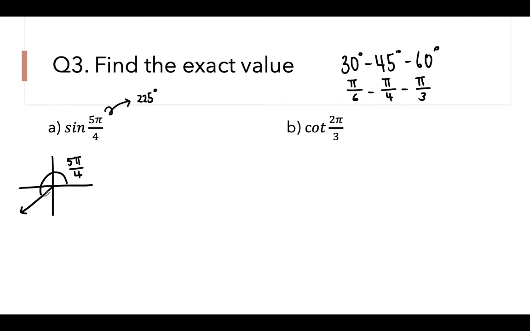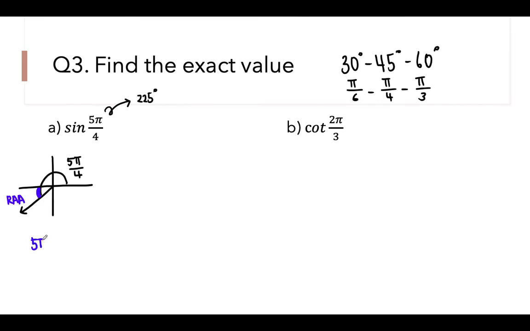Now we need to figure out the related acute angle. The related acute angle is always from the x-axis to the terminal arm. So this is my related acute angle, RAA. How do I find the related acute angle? In this case, all we can do is 5 pi over 4 minus 180 degrees.